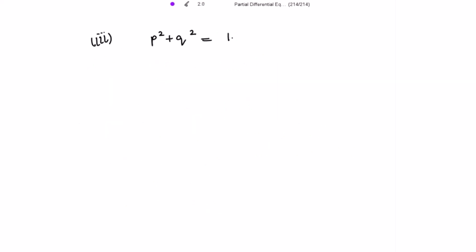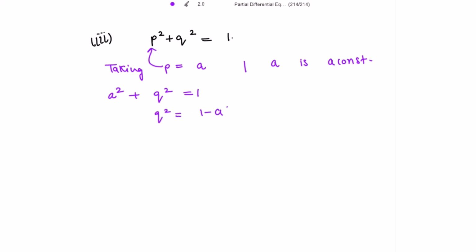Last part, p square plus q square equal to 1. So straight away take p equal to a, where a is a constant, and from the given equation we have a square plus q square equal to 1. Put the value of p over here and we get q square equal to 1 minus a square, and q is equal to the square root of 1 minus a square.